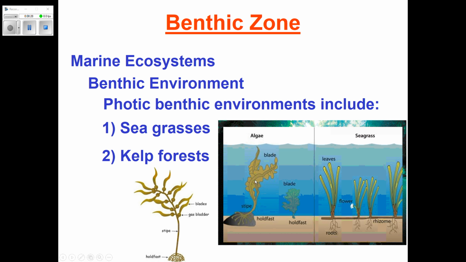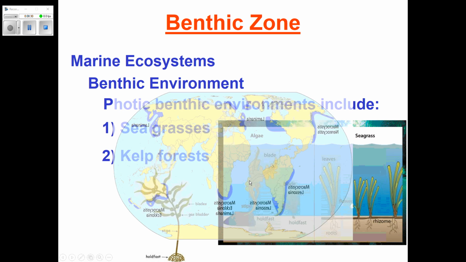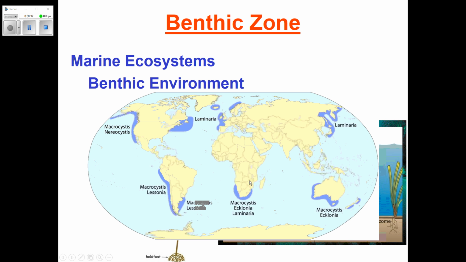And locations where we have our kelp, you can see around the world here, again, temperate regions, so we're not thinking too many in the tropics, colder climates. You can see the Pacific Ocean, Northern Atlantic Ocean. Again, always close to the coastlines because they're going to need some sunlight in order to photosynthesize. So it can't be too deep, can't be in the open part of the ocean because it's too deep and there's no sunlight.